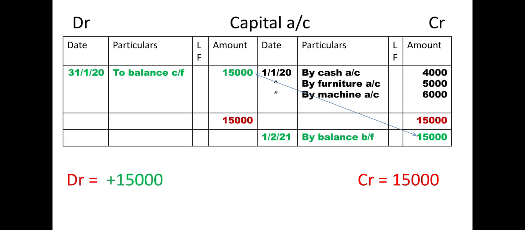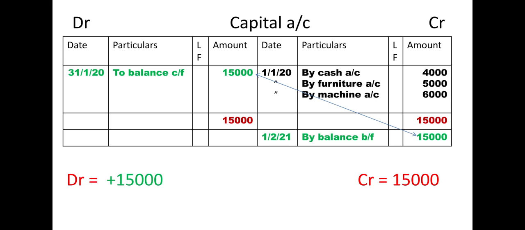And one more thing, sometimes the totals of debit and credit sides are equal. That example I have not included in the slide, but let me tell you orally. If the totals of debit and credit are already the same, we don't have to add anything on either side. Suppose the total of the debit side is 10,000 and the total of the credit side is also 10,000.